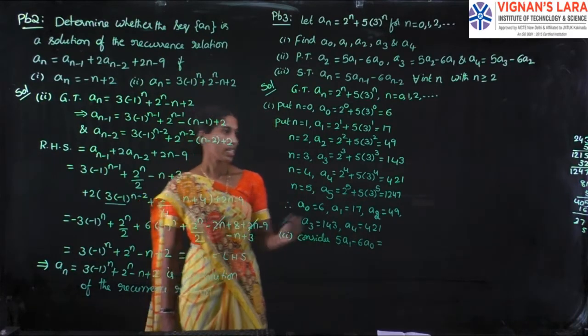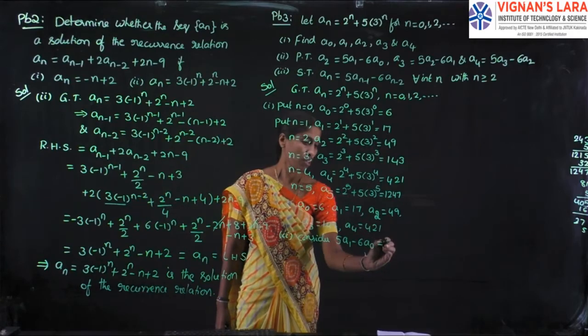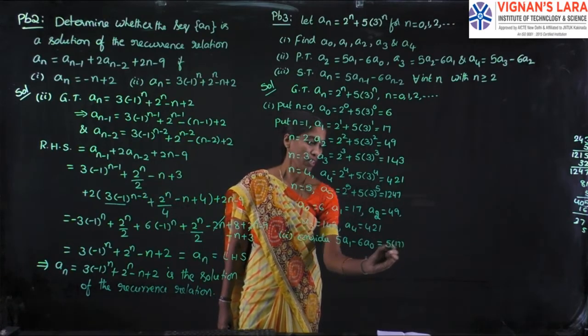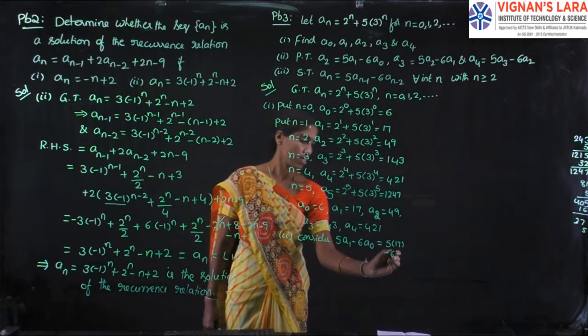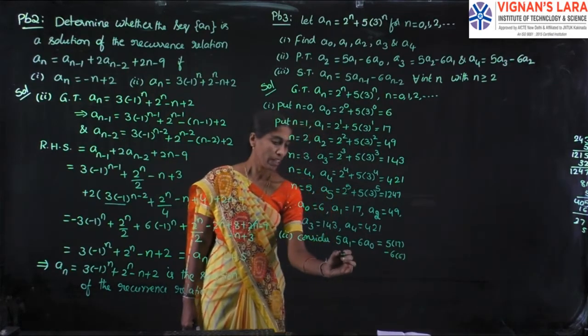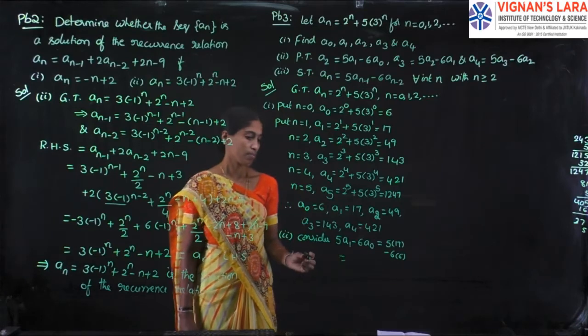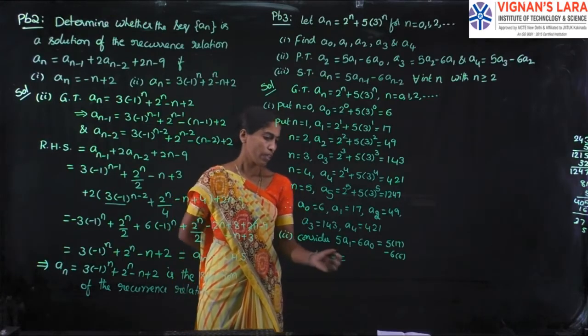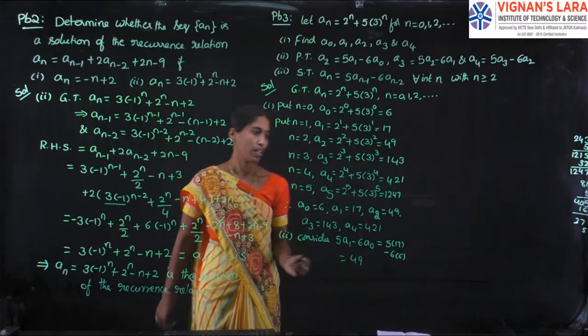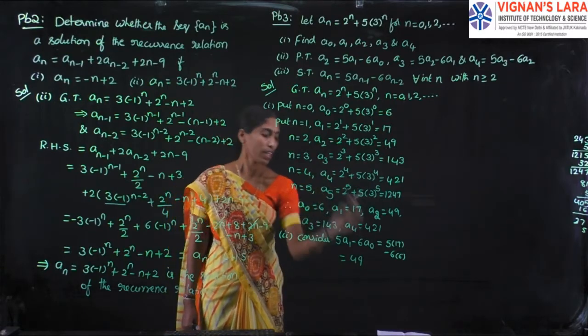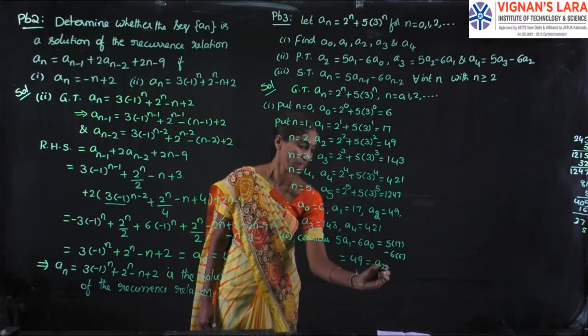What is a1 value? 17. 5 into 17 minus 6 into a0 value is 6. So 85 minus 36, which is 49. So the value 49 is equal to a2.